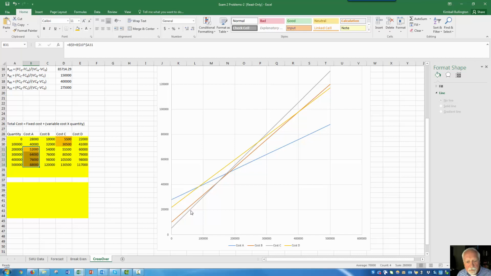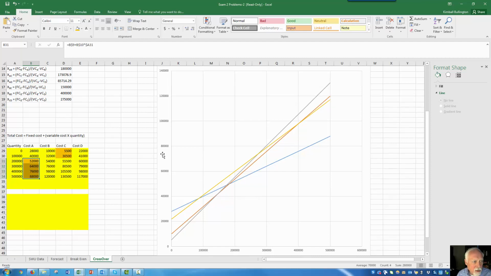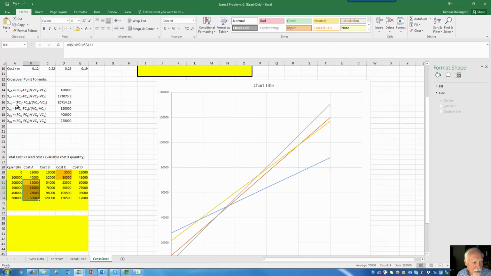Who's beating out alternative C? Well, it's getting crossed over by alternative B. Where does that happen? Well, somewhere in here, we can do better than that. B beats C at 150,000. That's what this means. The XBC means the crossover point where B crosses C is 150,000.